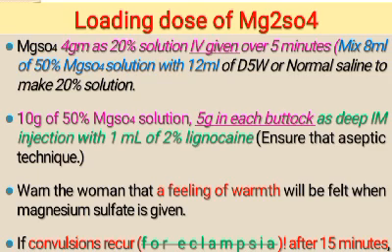Ensure aseptic technique. Warn the woman that a feeling of warmth will be felt when magnesium sulfate is given. If convulsions recur in eclampsia after 15 minutes, give 2 gram magnesium sulfate of 50% solution IV over 5 minutes.